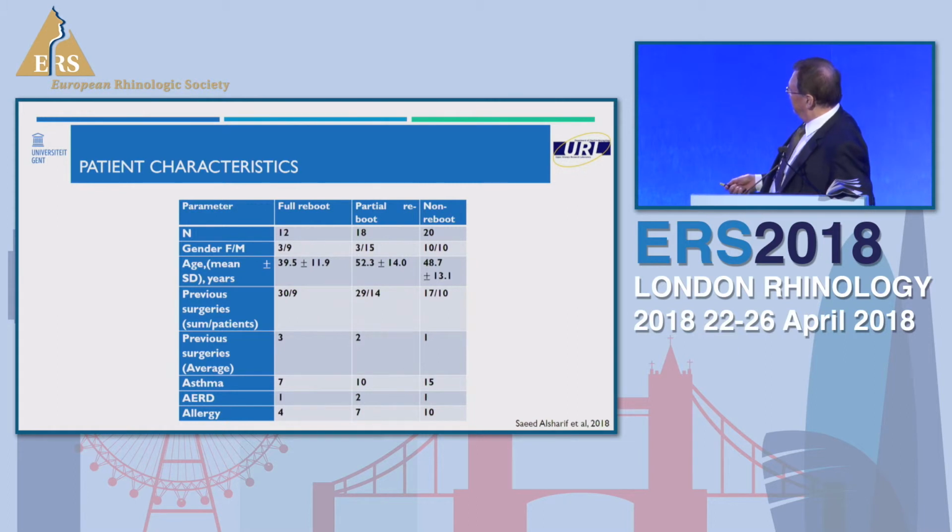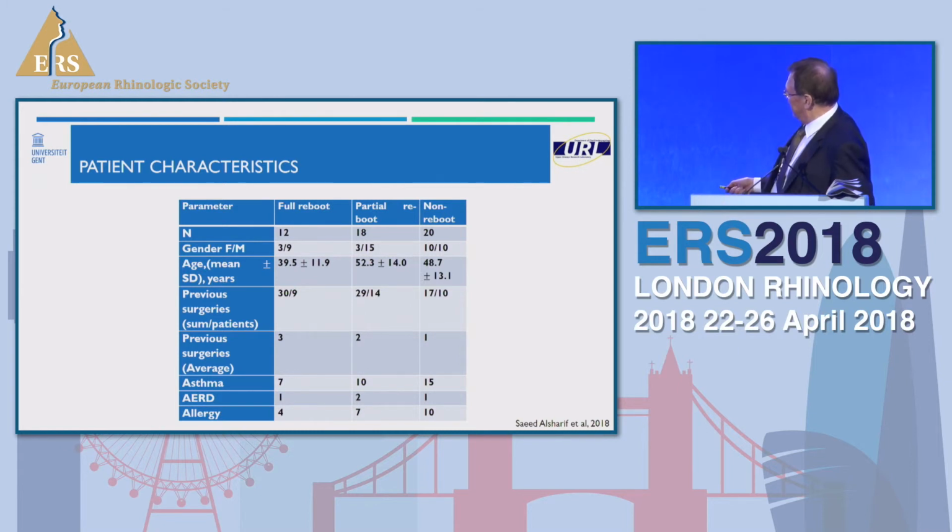They had a lot of previous surgeries, and you see here in that case, 9 of the 12 patients with a full reboot, meaning also Draf 3, had 30 surgeries before. So that's 3 surgeries before we did that kind of surgery in these patients. And others also had a lot of surgeries, 17 surgeries in 10 patients.